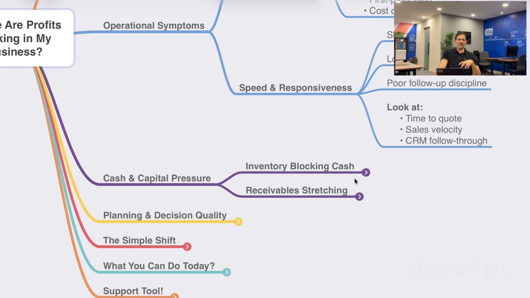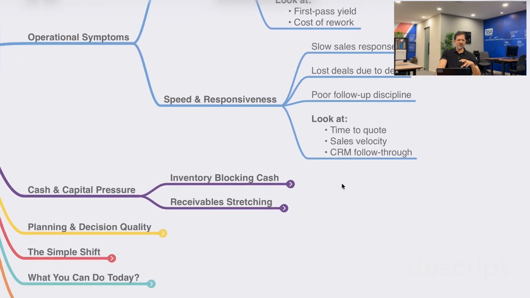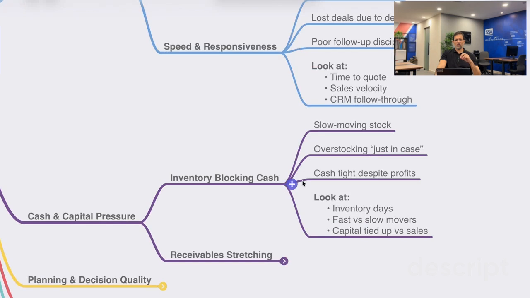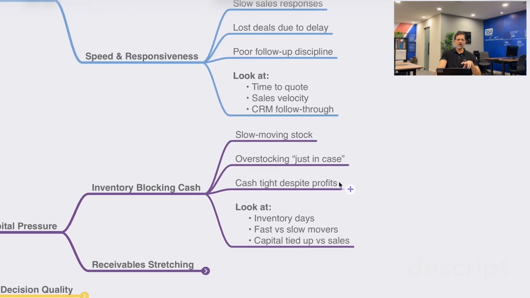Moving on, cash and capital pressure. Of course, money is like the blood that flows in the human body. So the more efficient we are in managing money, the better it is for the business. One symptom, again, is inventory, where we are stuck with a lot of slow moving inventory.